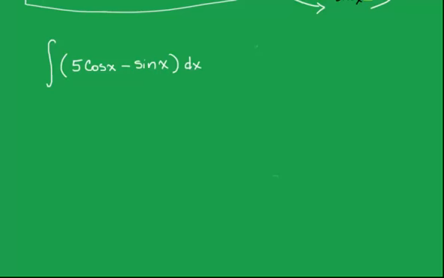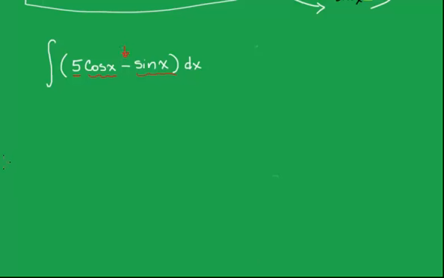The new thing here is, in previous videos we've seen that we can have a constant that multiplies a function, and here we have a function, but we have the minus sign here. How do we deal with this minus sign?